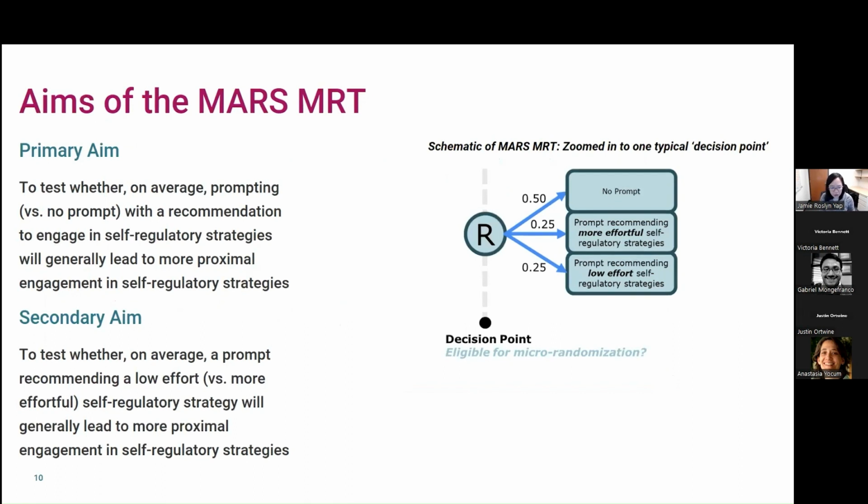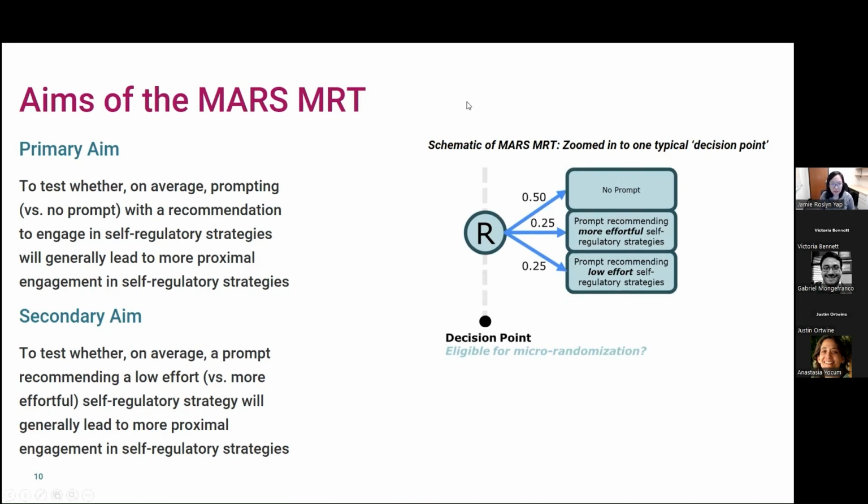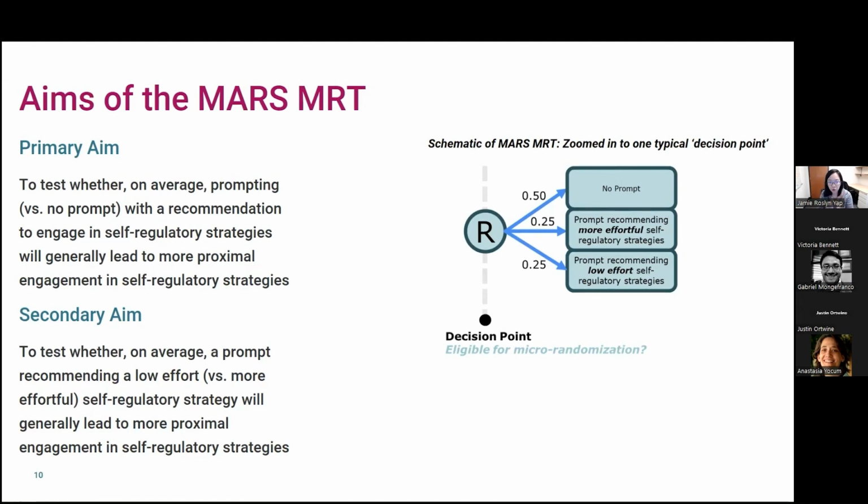Okay, in trials such as this, aims are typically specified ahead of time. In fact, the primary and secondary aims of this trial are pre-specified in the paper I referenced earlier in the slides. The primary aim of this study is to test whether, on average, prompting versus no prompting with a recommendation to engage in self-regulatory strategies will lead to more proximal engagement in self-regulatory strategies. When I say proximal, we mean conceptually short-term engagement.